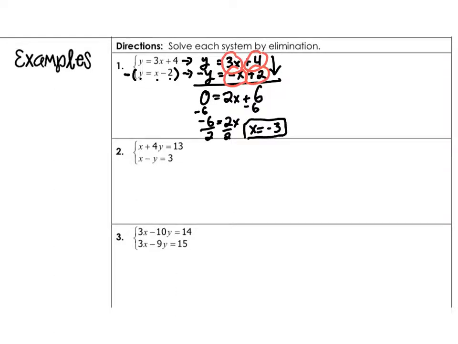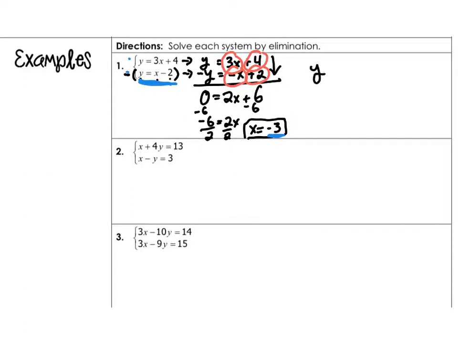Okay, now it's going to look similar to our substitution method, where we're going to plug in this negative 3 here into actually either one of these first two equations. I'd use the second one because it looks like the easiest to substitute in, but either one will get you the same solution.